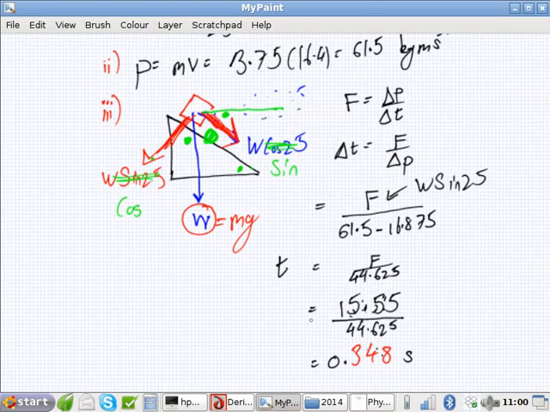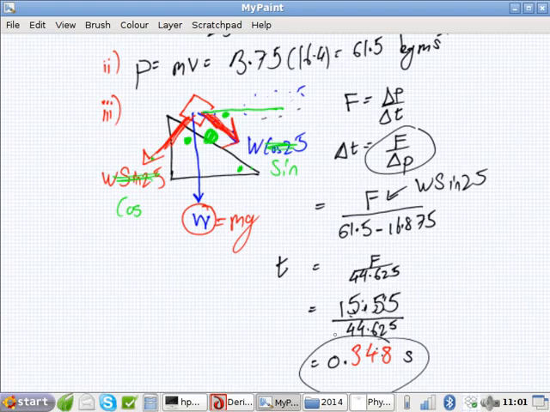Ah, this is upside down. It's P over F. So let's turn this answer upside down. Oh, it's terrible.